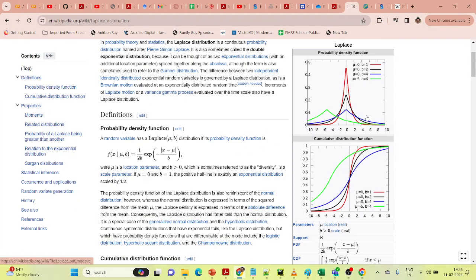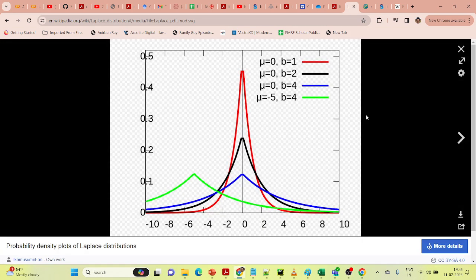As you can see from this curve, this Laplace distribution is very close to zero towards the end, when the W value is high, but it shoots very quickly to the highest value as we come close to zero.